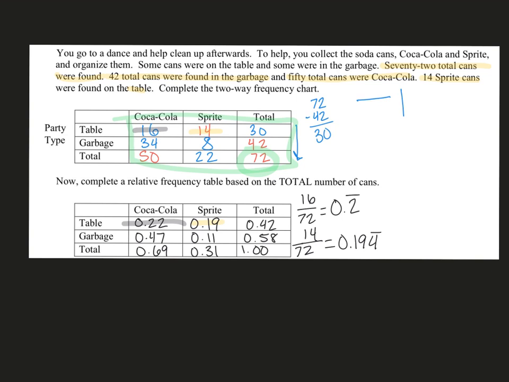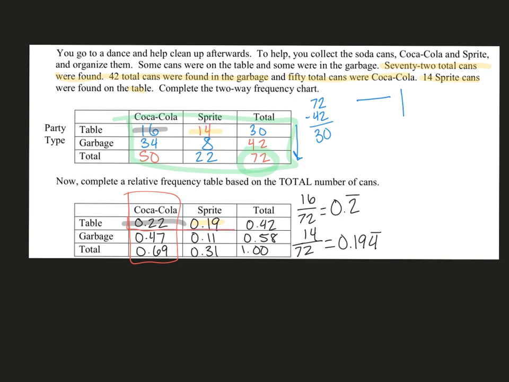Okay, so that is what the relative frequency is for the two-way table. The really cool thing about this when you are doing these is you should notice that for every column, they should add up. So 0.22 plus 0.47 adds up to 0.69.